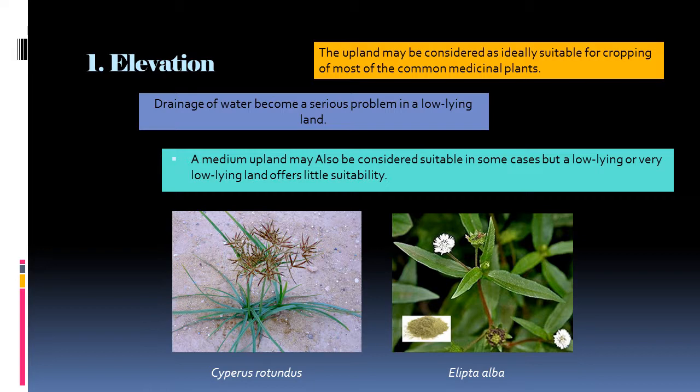Some ornamental plants which are not hampered by poor drainage, for example, Cyperus rotundus and Eclipta alba, may be grown in such land, but plants which develop thick and fleshy roots could in no case be considered suitable to grow in such land.